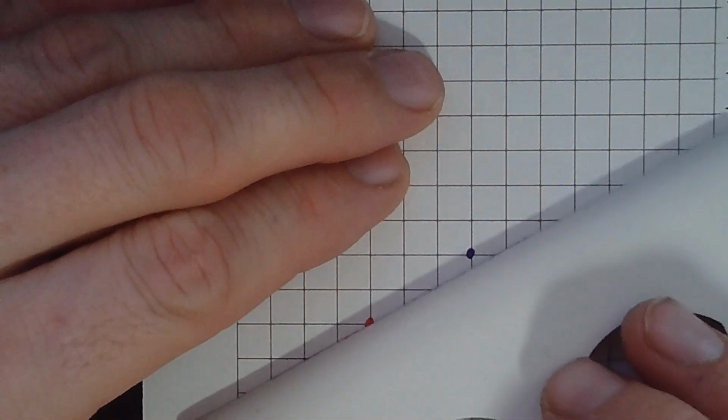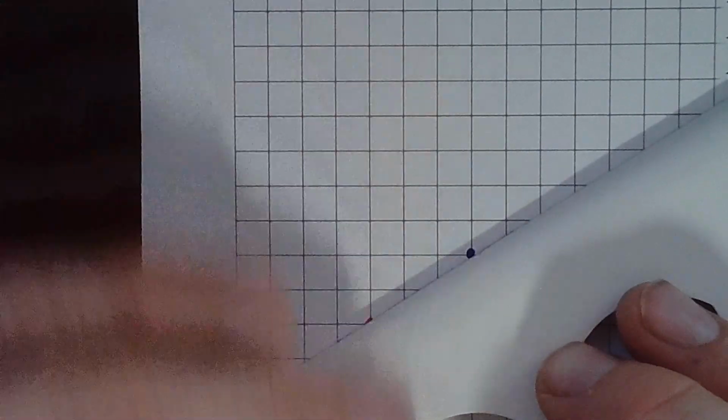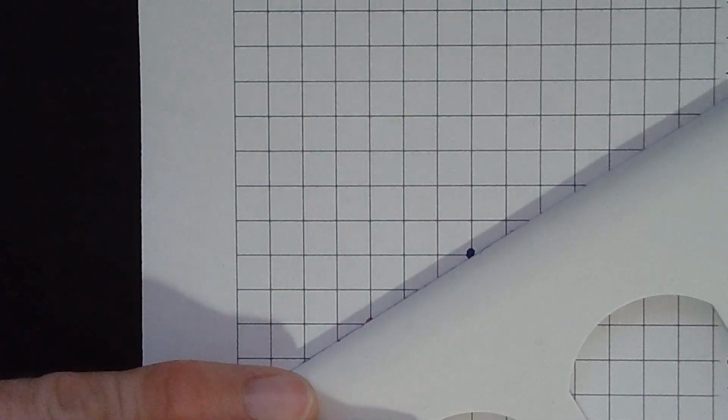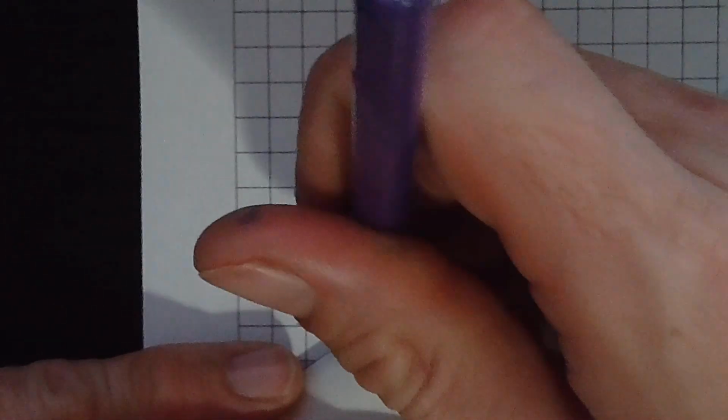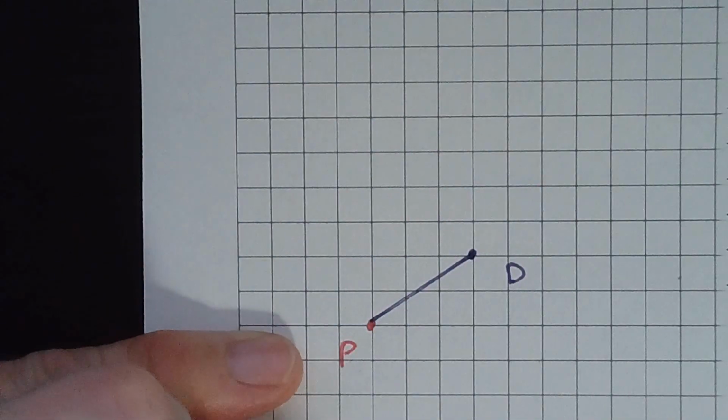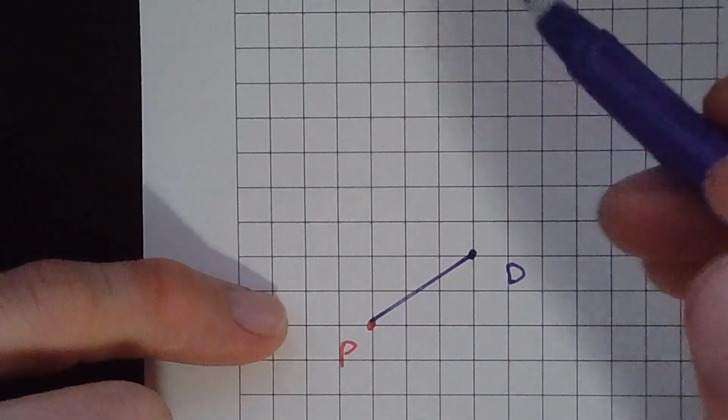Well, if I draw a line between these two, right here and right here, you might see that it makes a line, and that represents how far apart these 2 points are.